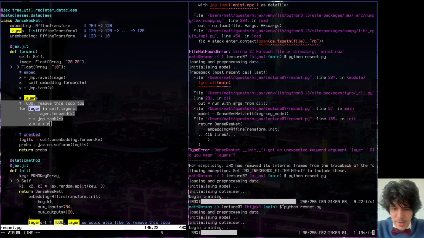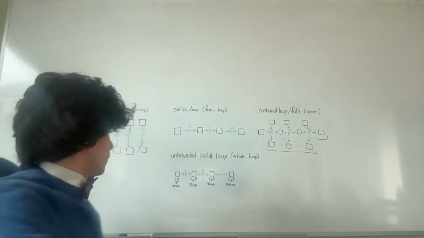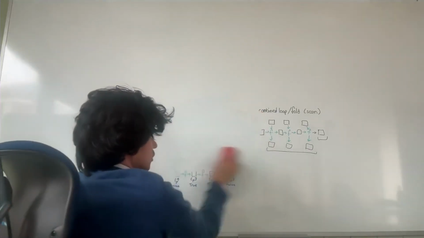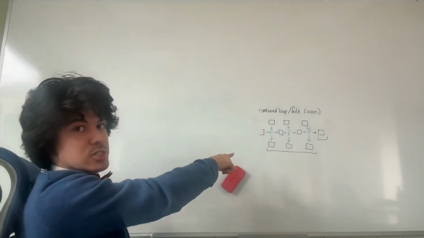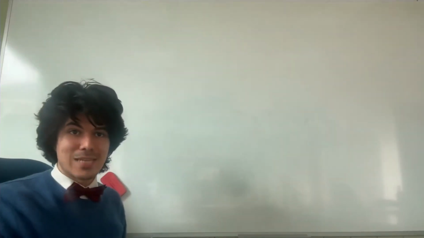So let me quit out of this. We get the picture, I think, that it's going to take a while longer to train. And let me go over to the whiteboard and talk about the pytrees that are involved here. So I can erase all of this stuff about the loops, and we're just focusing on this scan computation. What I want is, I'm going to draw this going down the board.